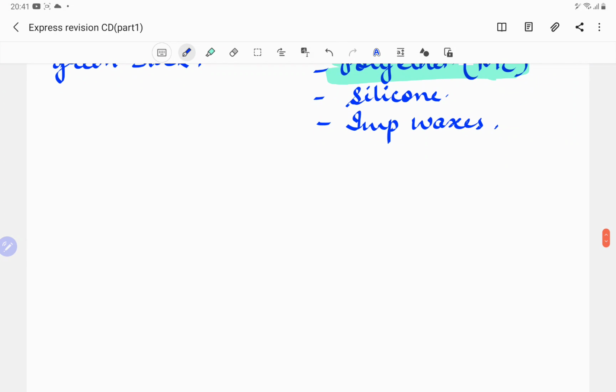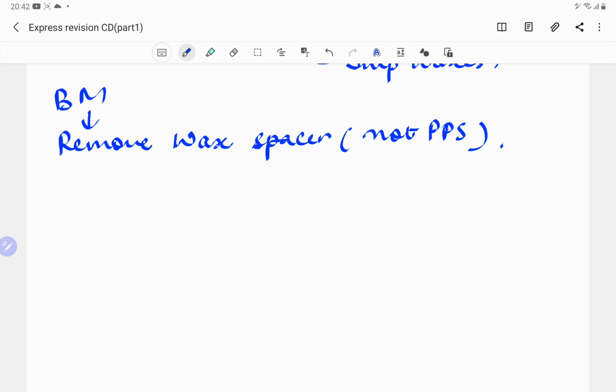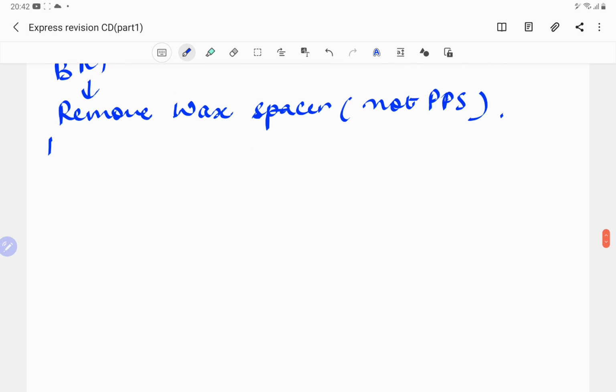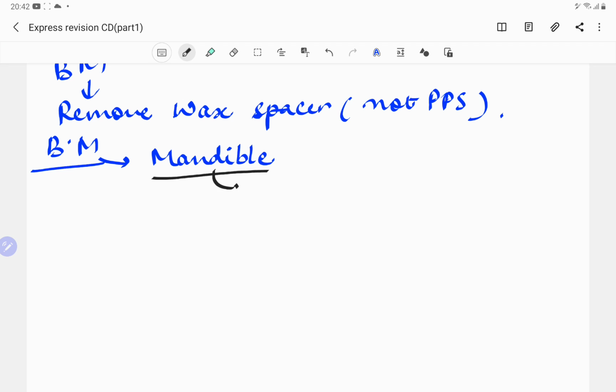So after the border molding is done, we are going to remove the wax spacer, but the wax over the PPS is not removed, right? We all have done this, but not the PPS. Then when we are doing the border molding of the mandible, it is very important that we check the custom tray.